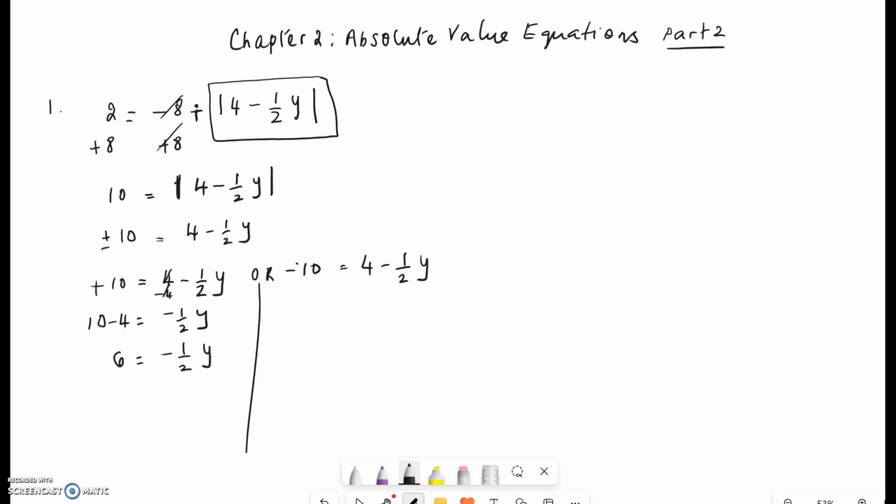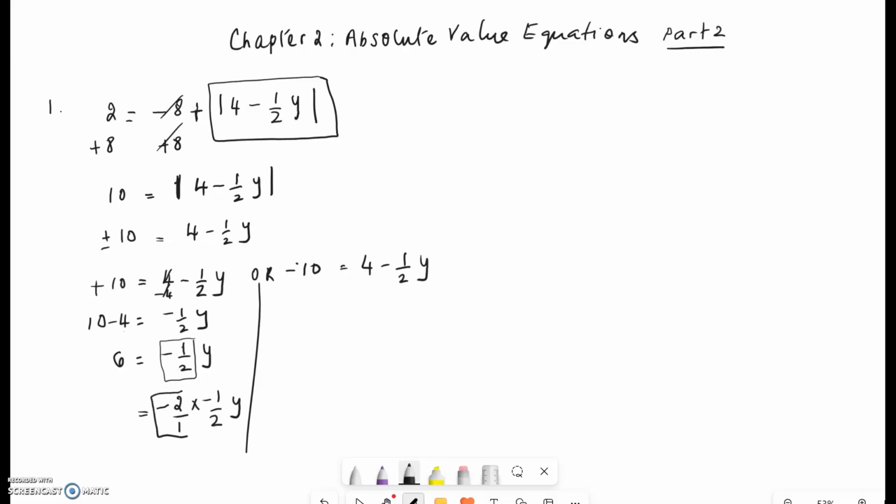We have to get rid of the negative half that's multiplied to y. One way of doing that would be to multiply both sides with the reciprocal of that number. The reciprocal is also negative. Instead of 1 over 2, we flip the fraction, becomes 2 over 1 times negative 1 over 2 y.